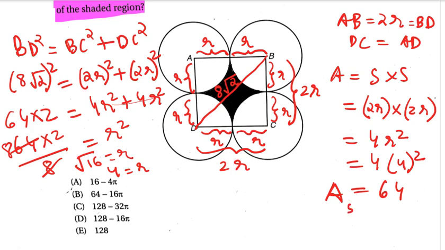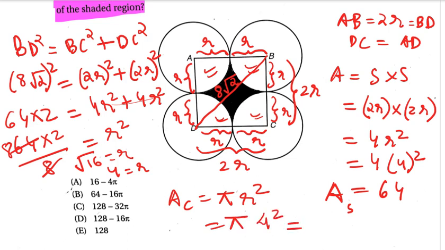Now let's find the area of these 4 corners. You see these 4 corners are making one whole circle. So you can find the area of a whole circle. So area of the circle will be pi R square, that is pi 4 whole square, that is 16 pi. So how do you find the area of the shaded region? It will be area of the square minus area of the circle.